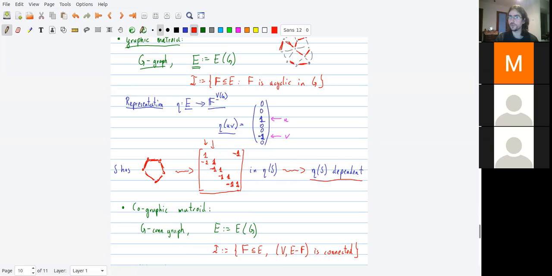Because if I add all of them, I get a zero vector. And you would need to prove the other implication, namely that if I've got an acyclic set of edges, then this corresponds to a non-singular matrix. And this you can easily prove by performing a sort of Gaussian elimination from the leaves of this forest upwards.